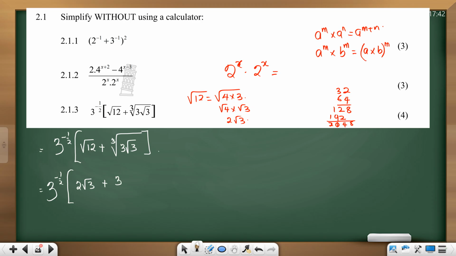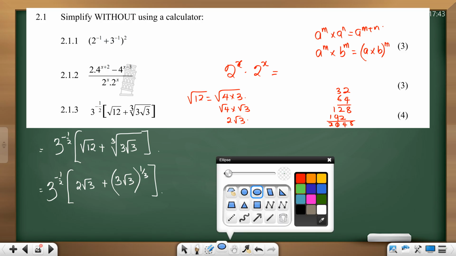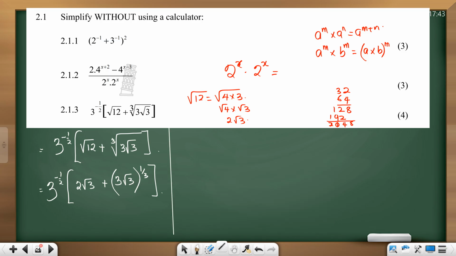Let's take it step by step. Root 3 to the power of 1 over 3. I have removed the cube root. It's an exponent of a third. I hope that makes sense. I'll still keep this one. Let's see where it's going to lead us. Let's remove all the roots.